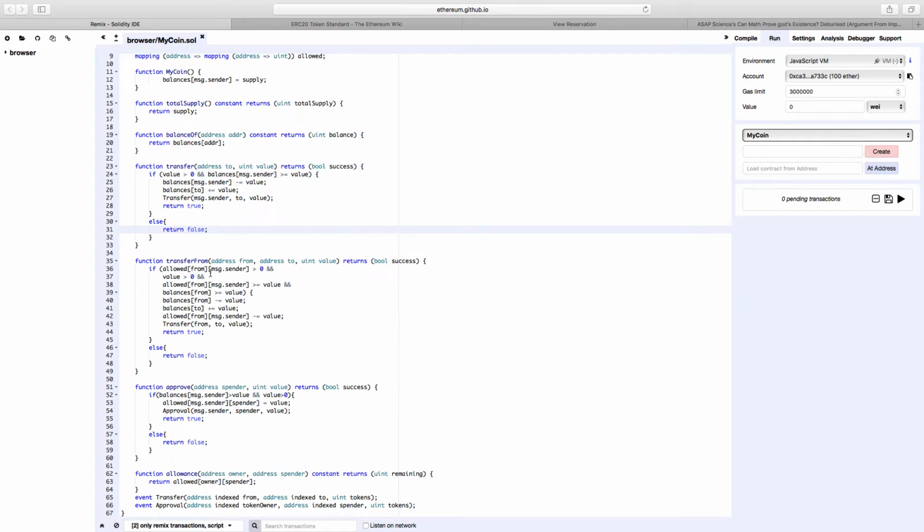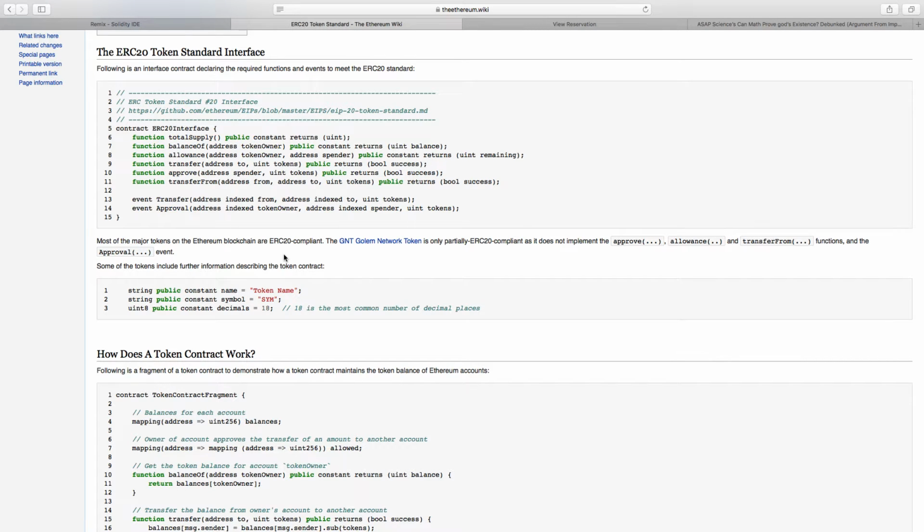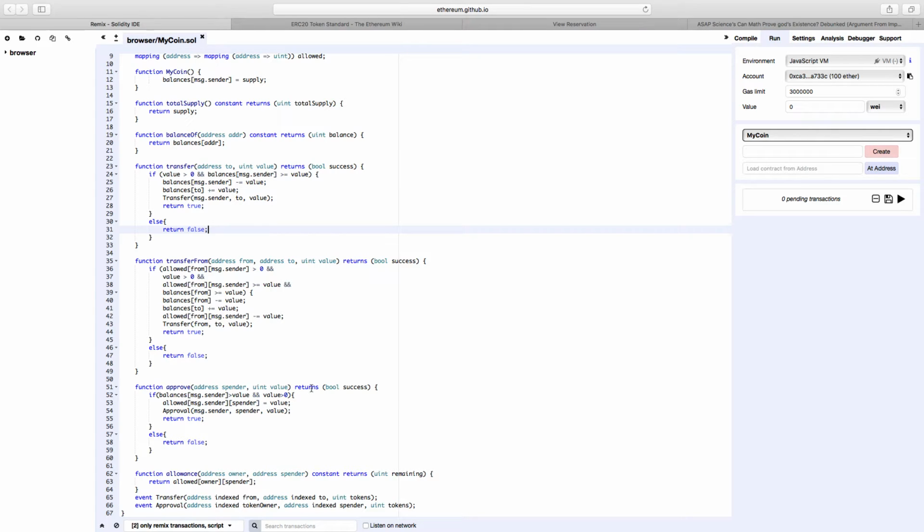Now we look at the next function, which is approve. What does the approve function do? The approve function approves someone to spend a certain amount of money from my account. That is what it is meant to be.